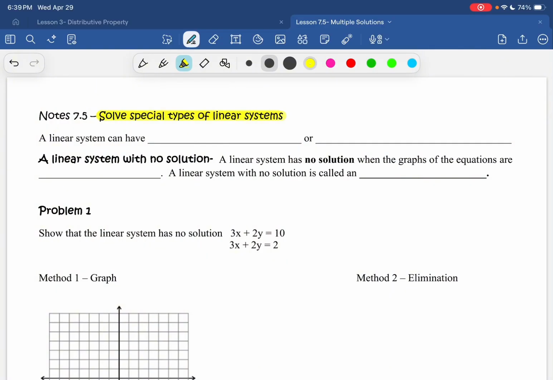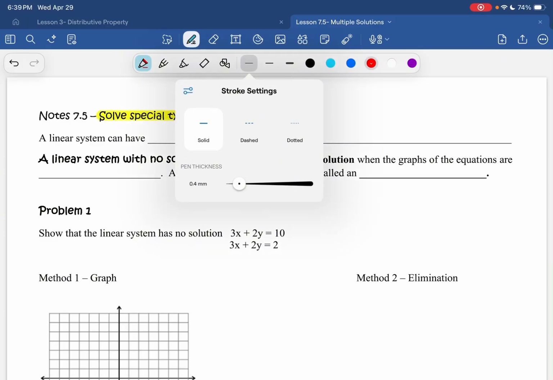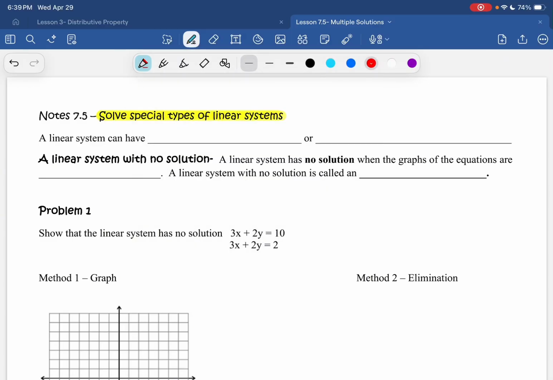But sometimes linear systems can have no solution, or they can have infinitely many solutions. And we've kind of talked about that already, right?